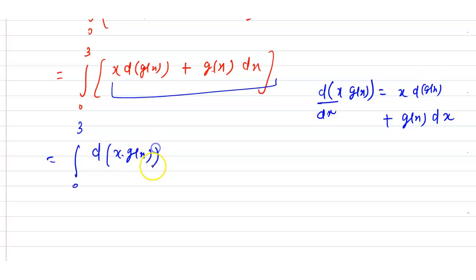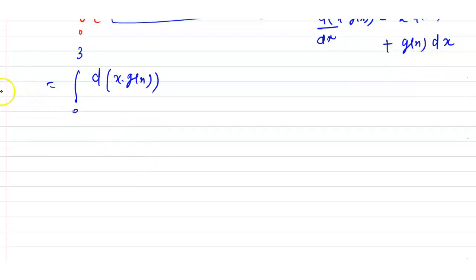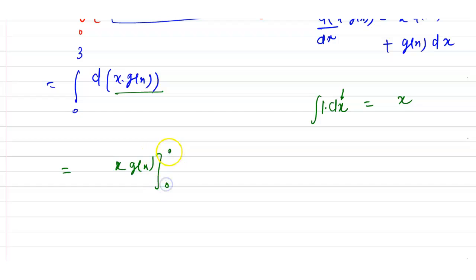Now we already know that the integration of d of a variable is nothing but that variable only. So here my answer will become x g(x) with limits 0 to 3.